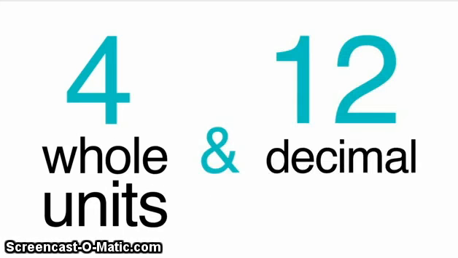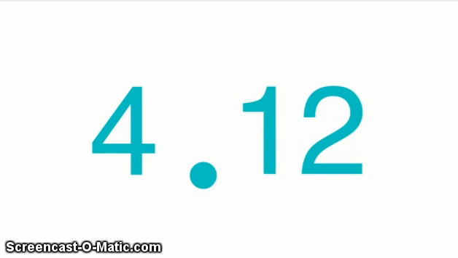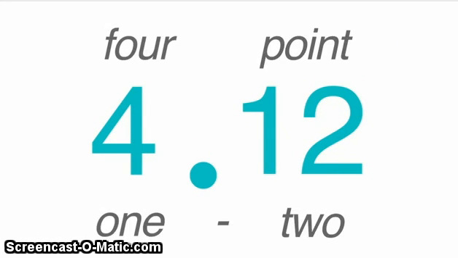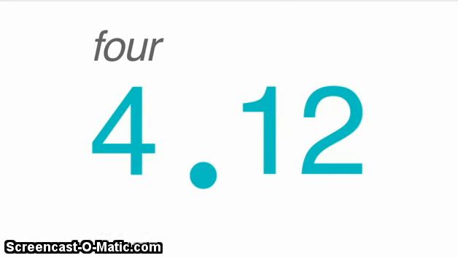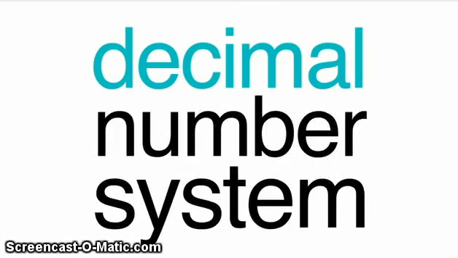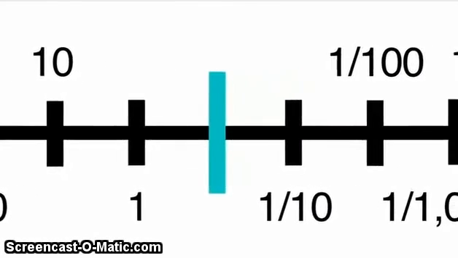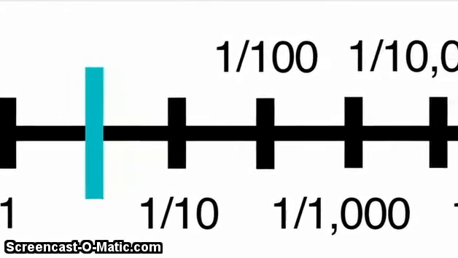If you want to write out 4 whole units and 12 decimal parts, it would look like this. You can read this as 4.12, or as 4 and 12 hundredths. The decimal number system is based on preceding powers of 10. This means it's a series of numbers where each number is 10 times bigger or smaller than the last.